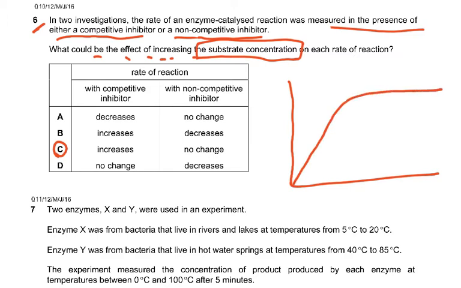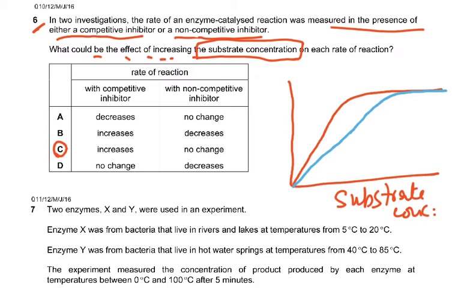When you add a competitive inhibitor, it decreases, but as you increase the substrate concentration, it nearly levels off. So this would be substrate concentration on the x-axis.